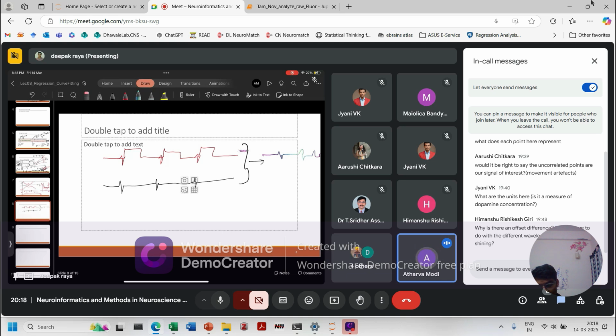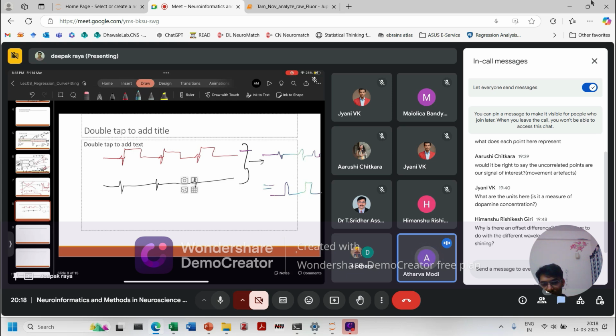Basically you put a minus sign here, and then you get the true signal. This may give you more positive errors than negative errors. That's the point I wanted to convey.